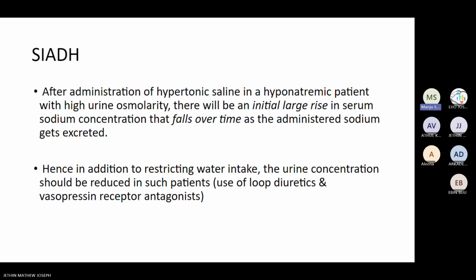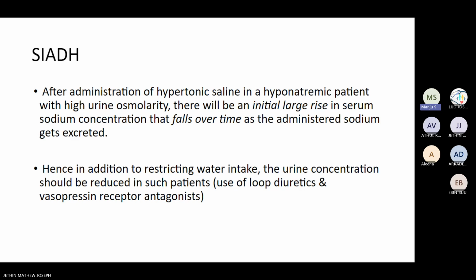So you might find that later on there will be a drop in the sodium levels again. So in that condition, we have to go back to the fact that we have to aggressively treat the cause for SIADH, and you have to also consider whether you need to use the vasopressin receptor antagonist. So in the acute period, yes, you can give 3% NaCl. Yes, you can give boluses because he has moderate hyponatremia.